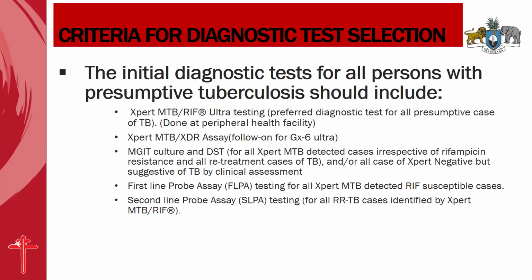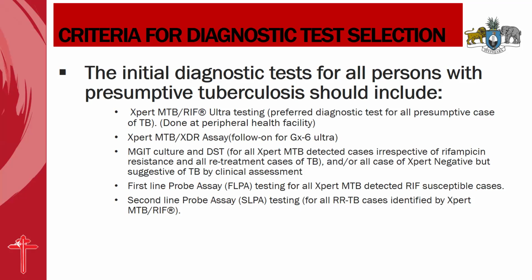So we have to start with the MTB/RIF and then proceed with the Xpert XDR. Then the culture and DST. This one is for all Xpert MTB detected cases, irrespective of rifampicin resistance. Like I've stated, the GeneXpert is going to tell you if MTB is detected, and then whether there is RIF resistance or susceptibility.